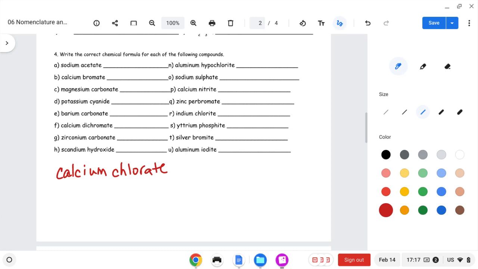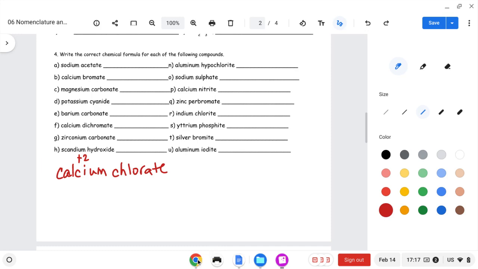So we go to our periodic table and we look up the charge on calcium. Calcium has a charge of +2. Now, chlorate is different than chloride. When you see this ATE suffix, that's telling you that you have a polyatomic ion.